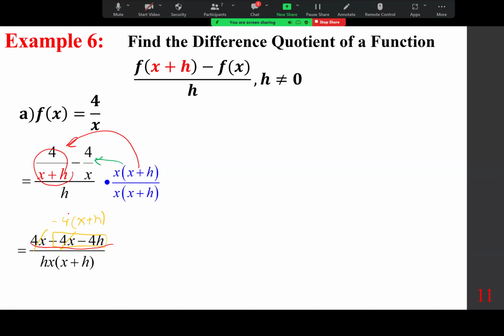This whole thing changes to negative 4h. We can cancel out the h from here and here. And the result is minus 4 over x times x plus h. That is the final answer, everybody.